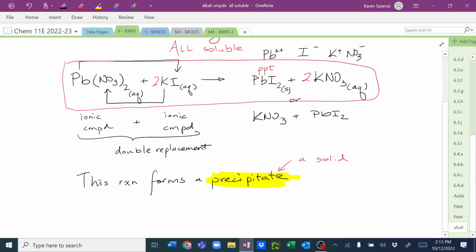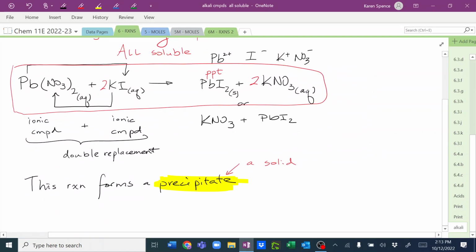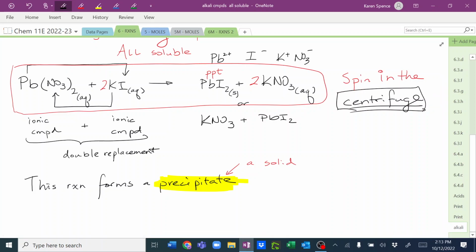And we're just going to draw a quick little picture of what that looked like after we spun it in the centrifuge. If we left it long enough, it would settle out on its own, okay?